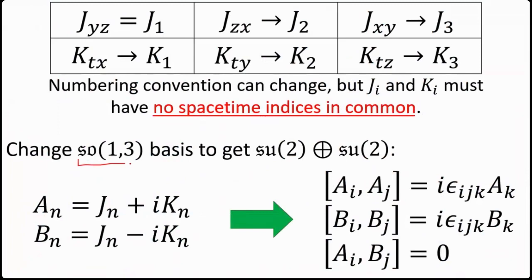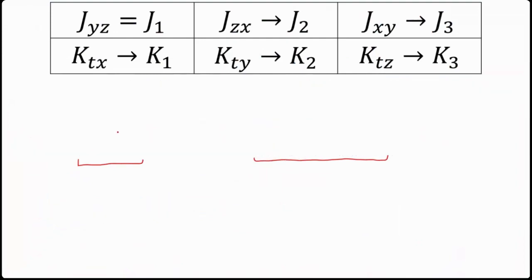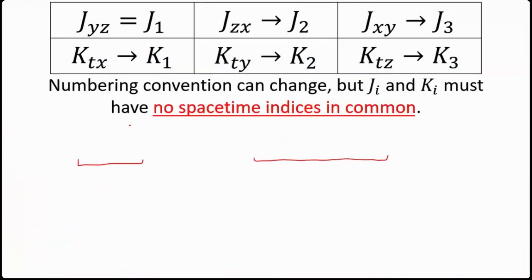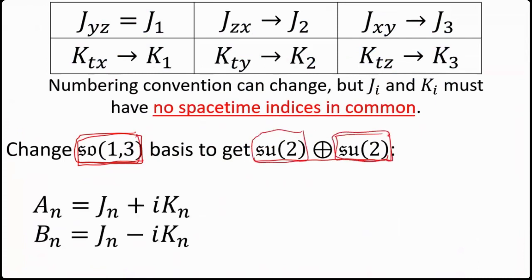So I said that this was 2 copies of SU2. I think that comes back here because when we're dealing with spinors in spacetime, all these matrices were the SU2, right? These were representations of SU2. So if we want representations of SO(1,3), we can break it down into 2 SU2 representations.